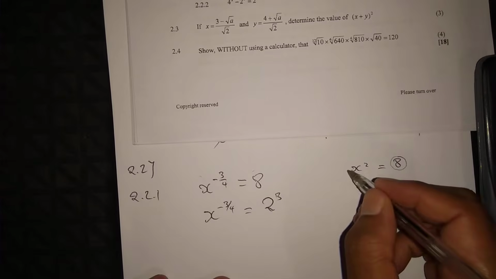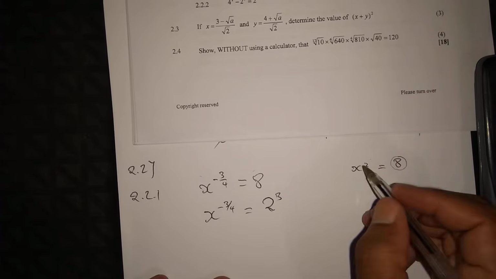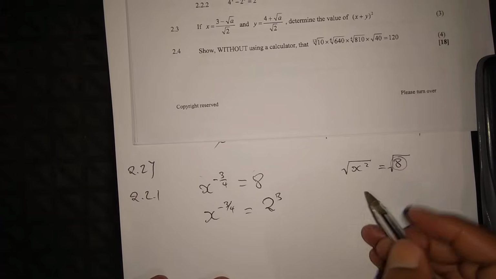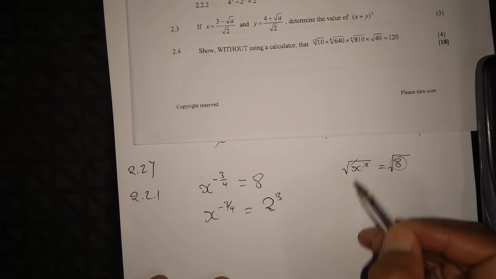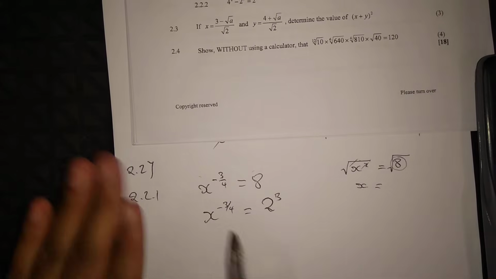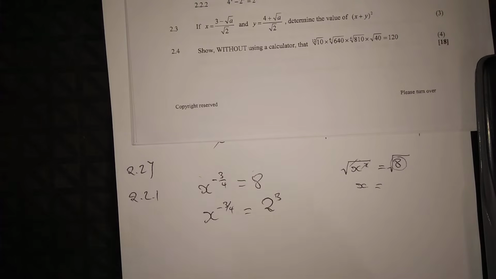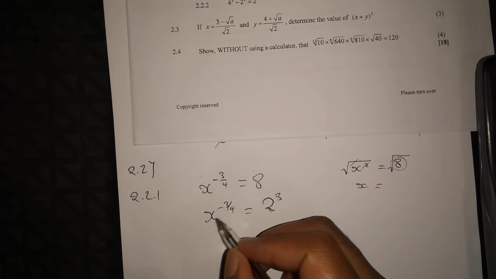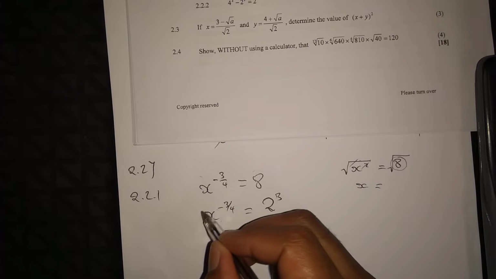If we were solving for x, we would put a root on both sides of the equation, so that the squared and the root cancel each other out and we are left with x. It's the same idea here. We want only x to remain, that is x exponent 1.